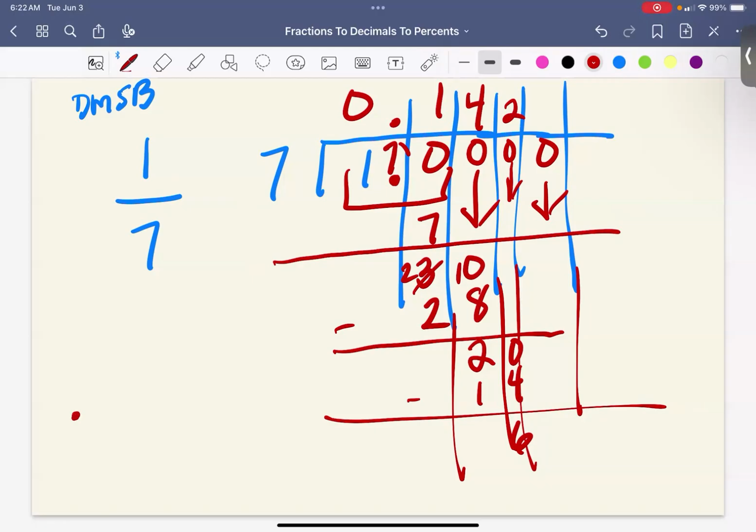So I get 0.142, and then I'm going to move the decimal 2 places to the right. 1, 2, and so our answer is going to be 14.2% as a percent. So these are the ways that you can divide. You have the types of decimals: a regular decimal, a repeating decimal, and a non-repeating decimal. Good luck.